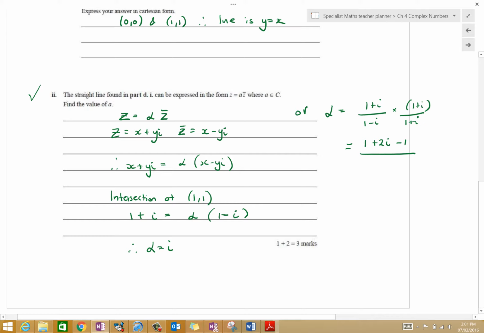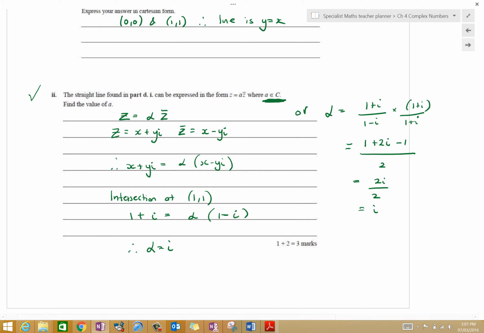In the bottom, we're going to get 1 plus 1, which is 2. Look at that. 2i over 2, which is equal to i. But of course, we would have saved ourselves some time if we had a bit of a think about it. And have a look. It says, where alpha is an element of the complex plane. So I would be underlining that if I was doing that question.